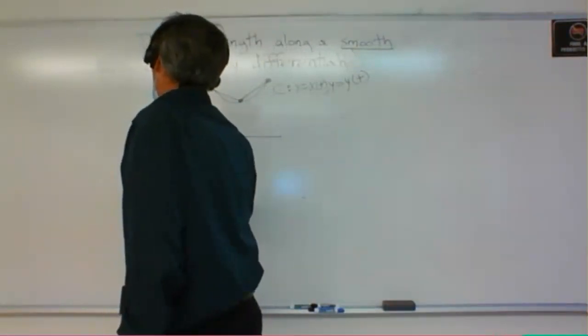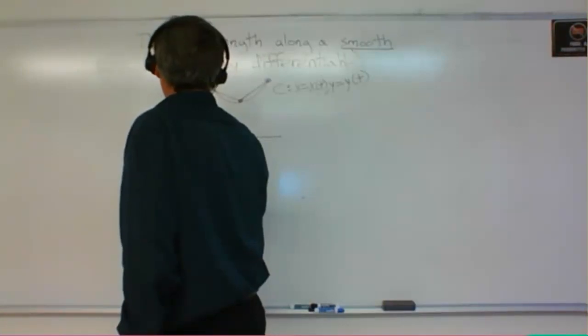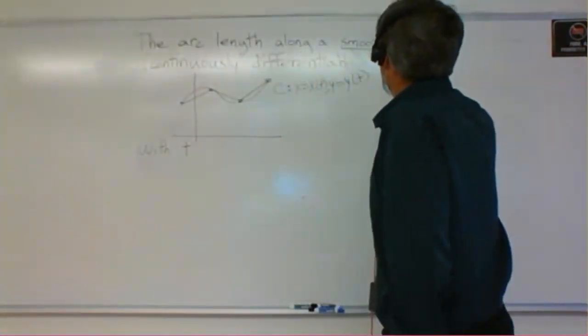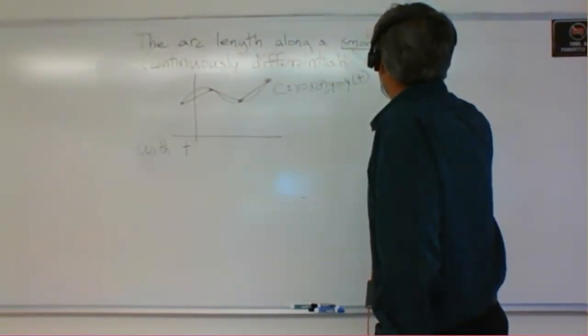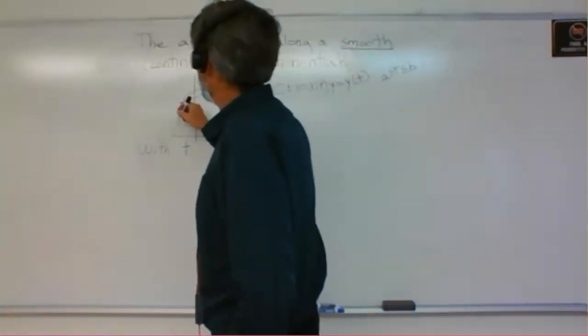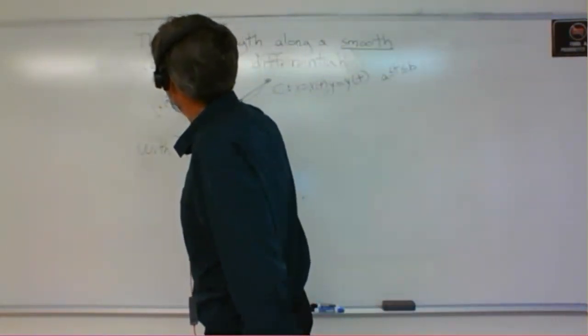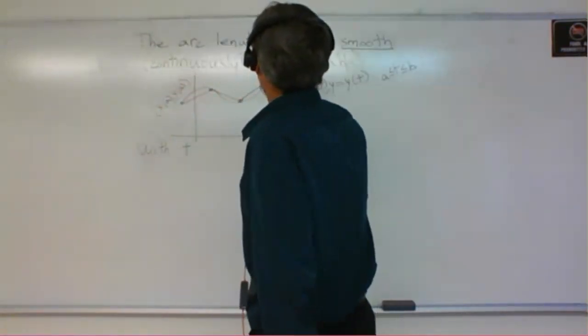So with n subintervals, let's make t run from A to B. The idea is that this is the point x of A, y of A, and this is the point x of B, y of B along the curve.